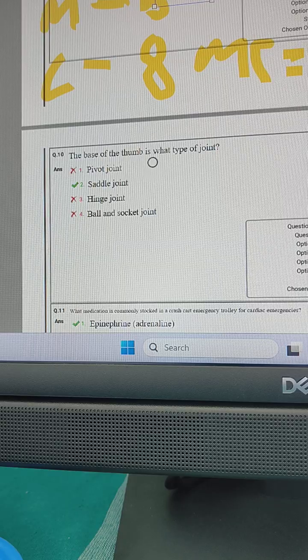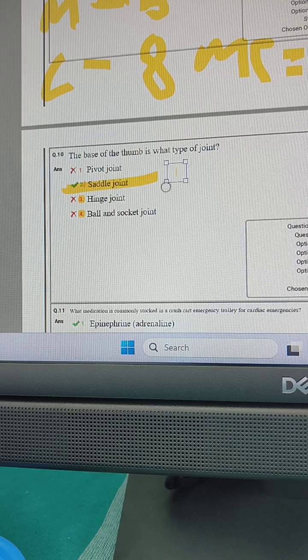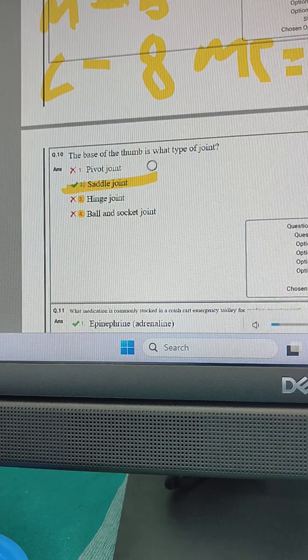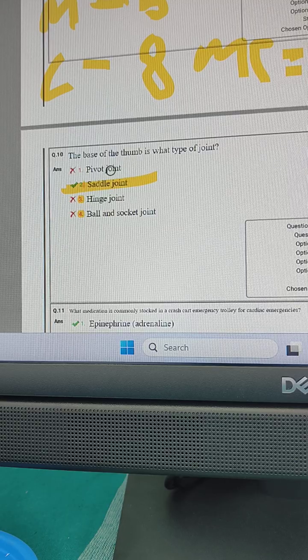The base of the thumb, what type of joint? Saddle joint, pivot joint, hinge joint, or ball and socket joint. The correct answer is the saddle joint, option 2. The pivot joint has minimal movement, like the atlas and axis in the cervical spine, and it is a cartilaginous joint.